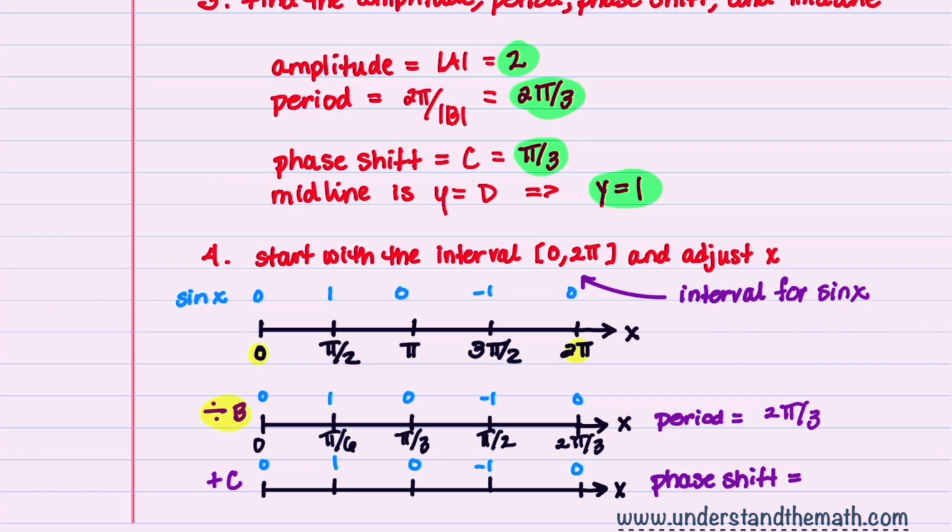We're now going to add c, or pi over 3, to each of our x values. This gives that x starts at pi over 3, and then pi over 6 plus pi over 3 gives us pi over 2. Pi over 3 plus pi over 3 gives us 2 pi over 3. Pi over 2 plus pi over 3 gives us 5 pi over 6.